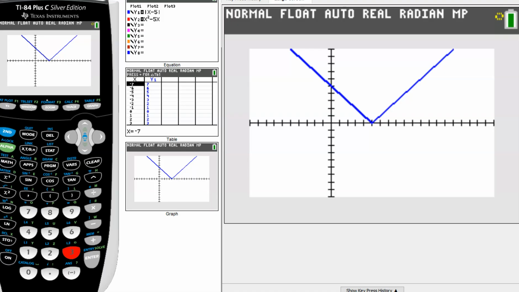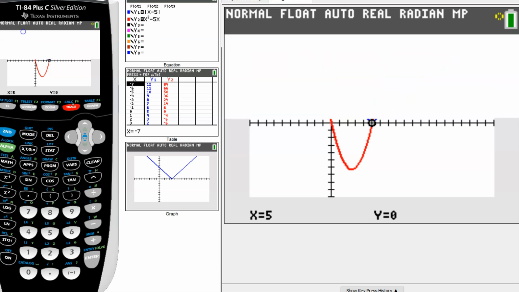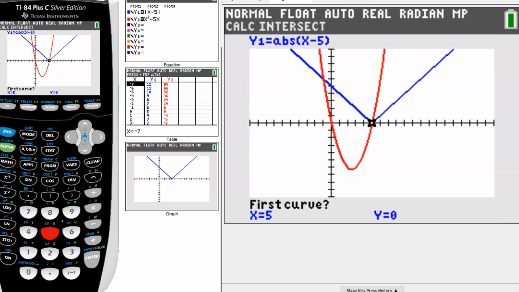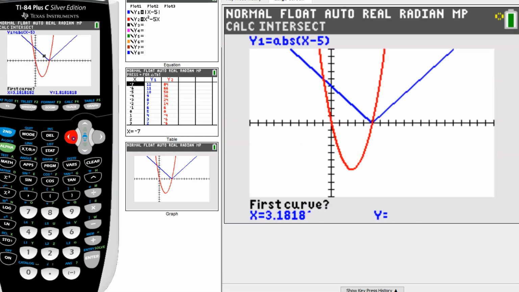There's my absolute value part, and there's my parabola part, and I want to calculate the intersection. And I'm over by that one already, so let's just move that through. So that's 5, 0. And then I'm going to calculate the intersection of my other one. I just need to hover over that one. And that is negative 1, 6.